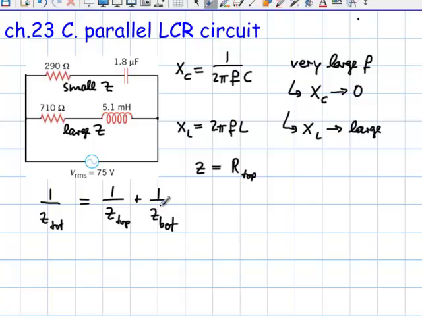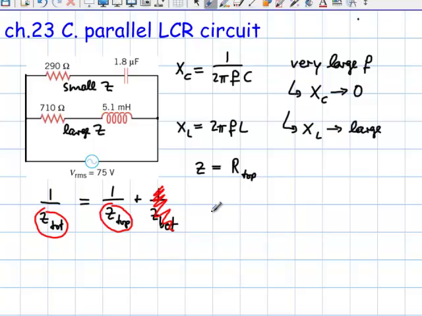If this one is very large, then I divide by it, and as I divide by a large number, that fraction is basically 0, and Z top is Z total. That's why I write it like this. So this would be 290 ohms.